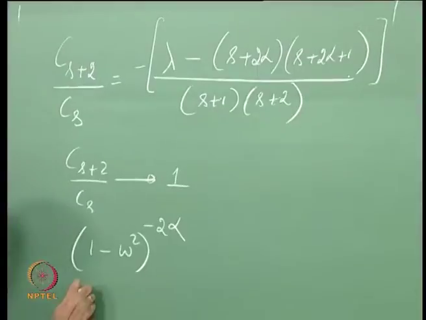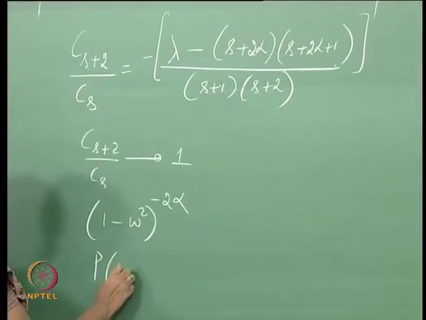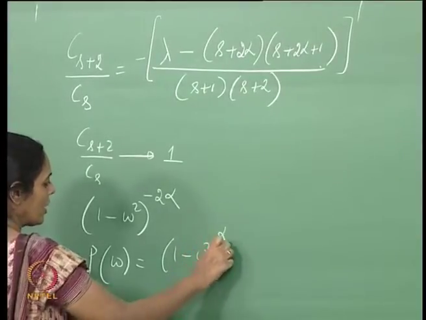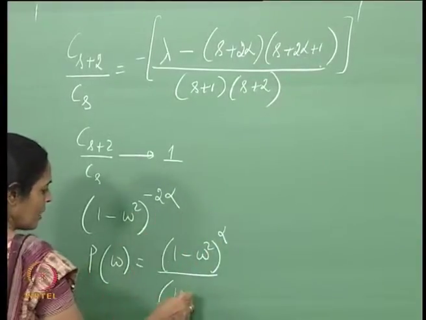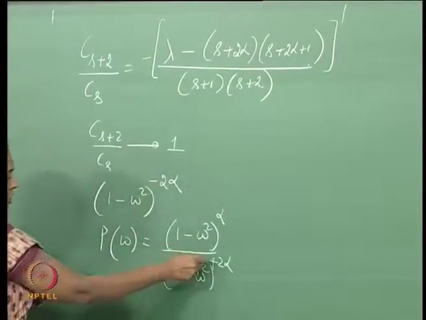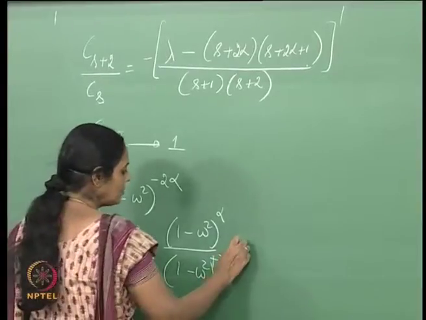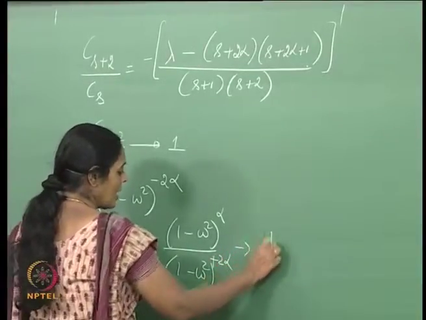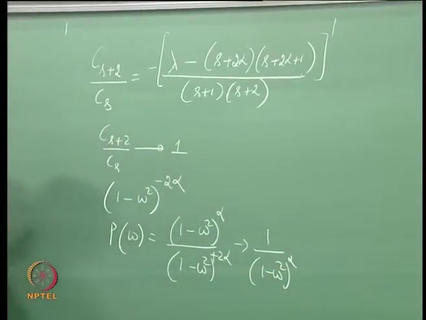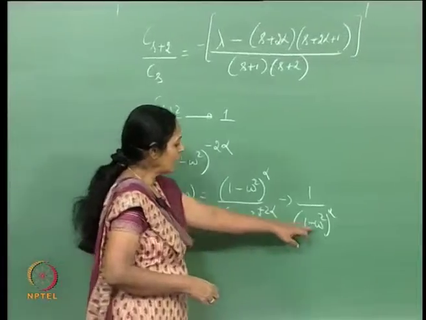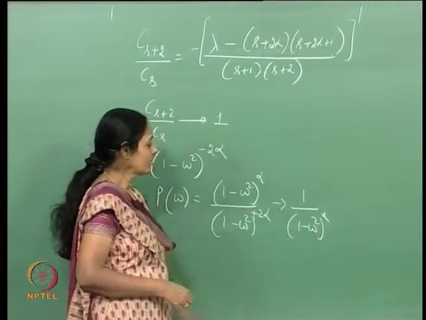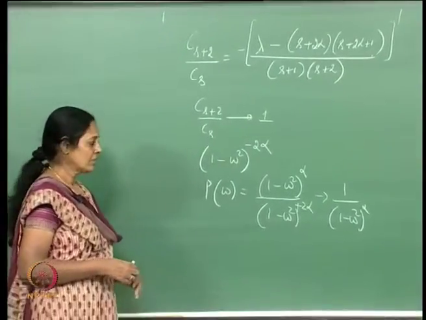And that's bad news, because then P of w goes as (1 minus w squared) to the alpha times (1 minus w squared) to the minus 2 alpha, brought down, and that goes as (1 minus w squared) to the alpha. That's bad news, because when w squared is equal to 1, the term is going to blow up.